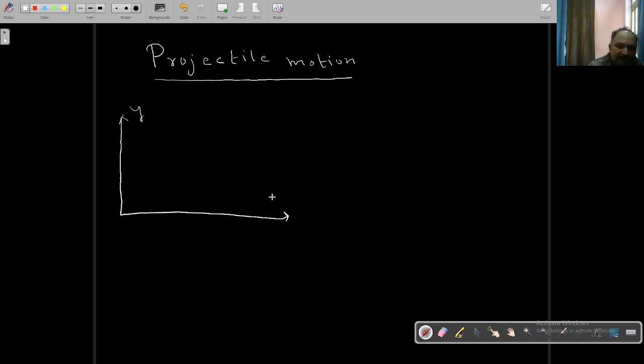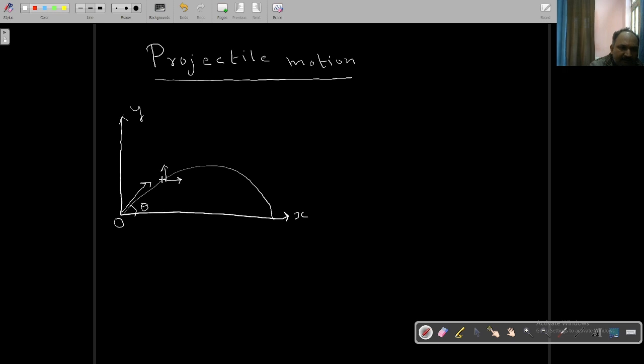This is y, this is x. Now a particle is projected from the origin at an angle of theta. So the particle traverses all along this path, coming back to this point. So velocity at different points of the trajectory will be like this.